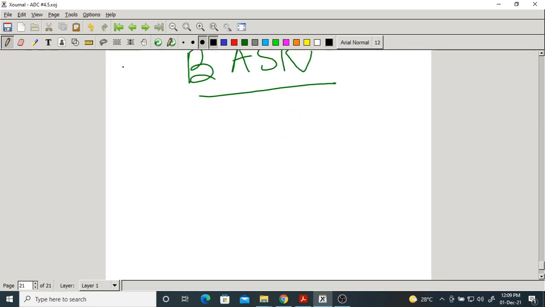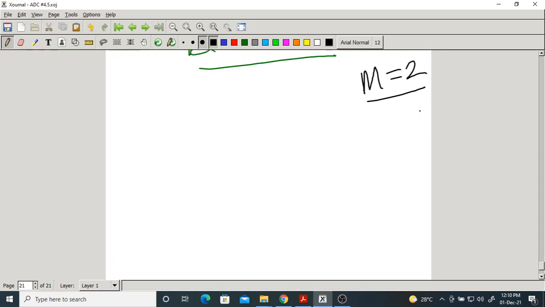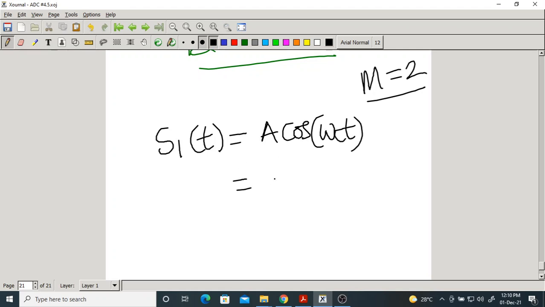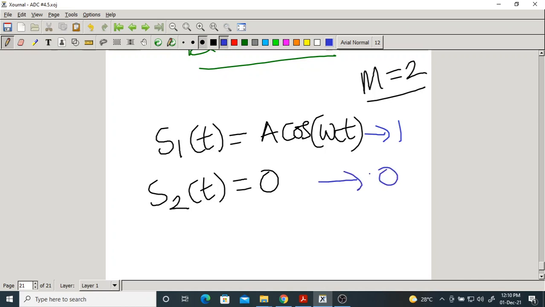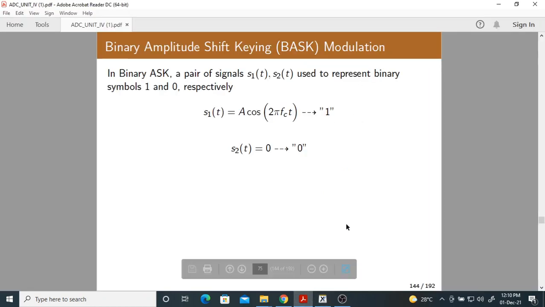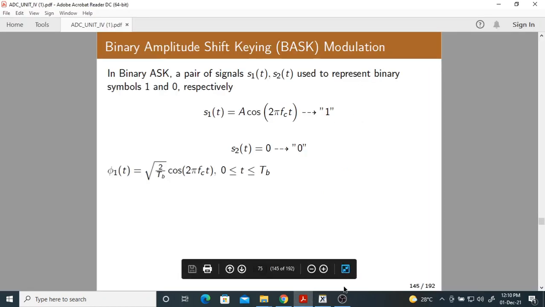Here also we are transmitting 2 symbols, m equal to 2. For S1 of t, we transmit a waveform, a cos omega ct, with amplitude a, for bit 1. For S2 of t, for bit 0, we transmit nothing.